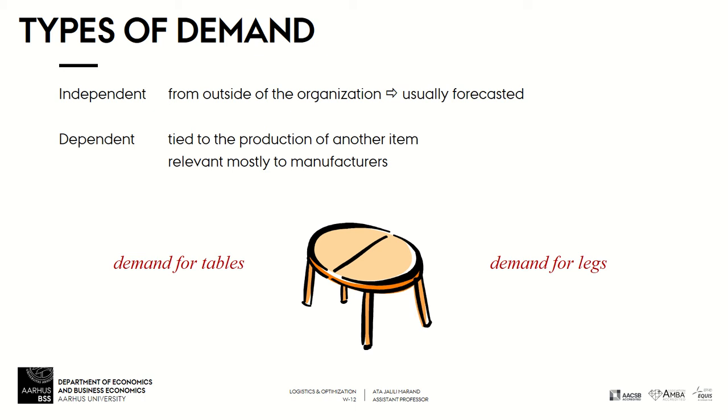For controlling dependent demand, there are other tools like MRP and so on that we will not talk about in this course. Here we are focusing on independent demand and will introduce some inventory control models that will help us to deal with independent demand.